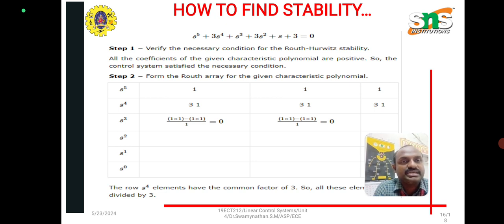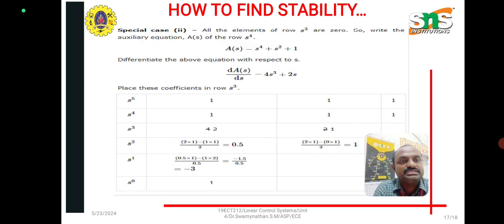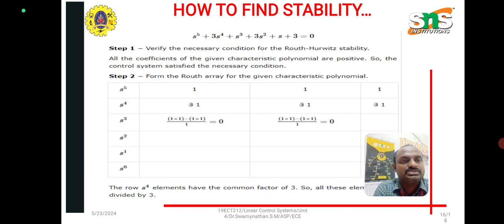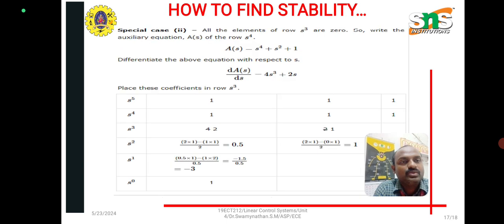Here is another case. If an entire row comes out as 0, then use the previous row to make the auxiliary equation: A of s equals s power 4 plus s squared plus 1. Look at the row above: 1 corresponds to s power 4, and the next to s squared. A of s is nothing but the auxiliary equation.